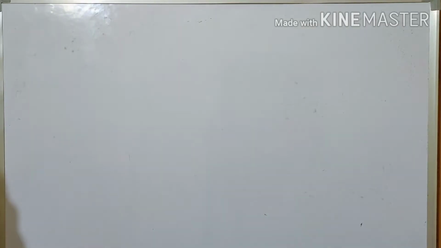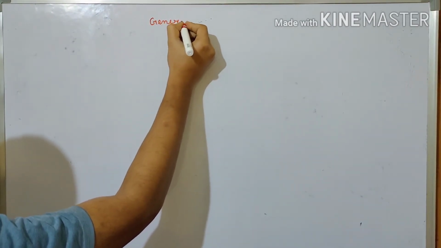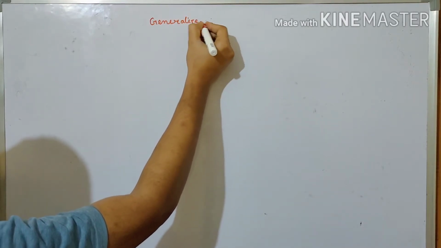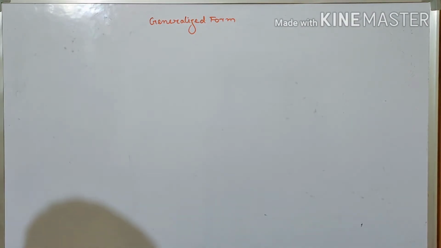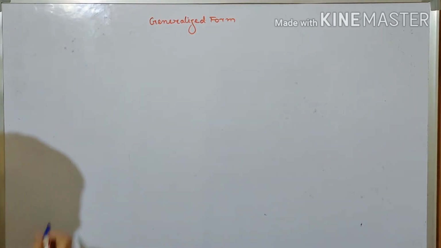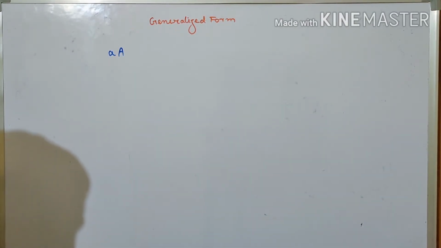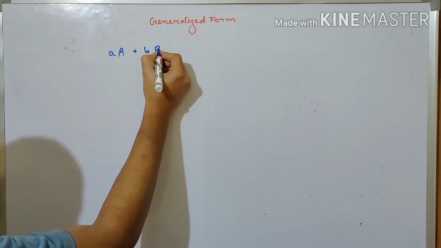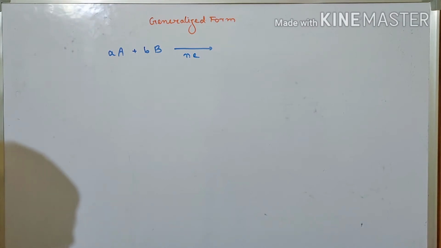So if we are supposed to write down in generalized form, it will look like: if there is an equation, there is a coefficient of A, B, B after losing n number of electrons.